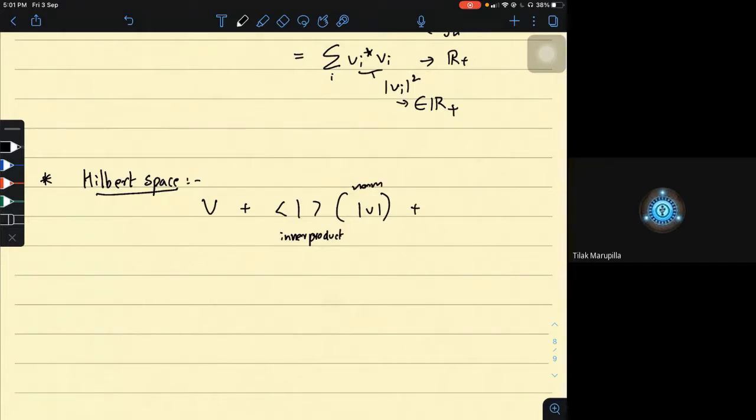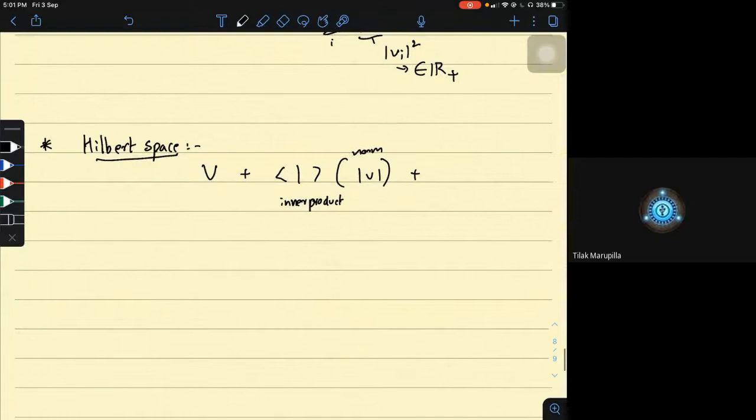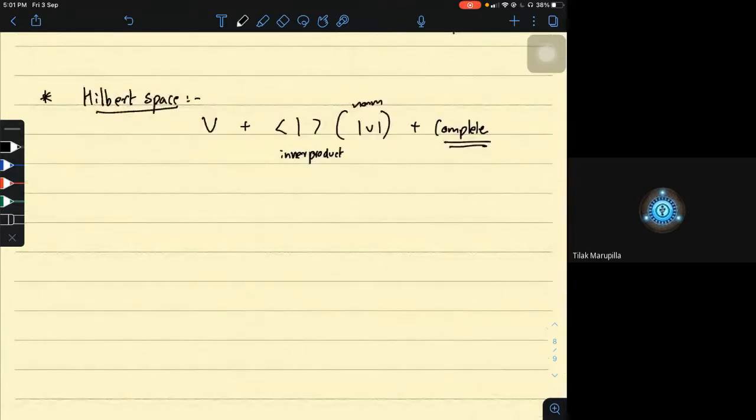And it should also be complete. By complete I mean: say I have a converging sequence in this vector space. This converging sequence should converge to a point, and this point should belong to the vector space itself.